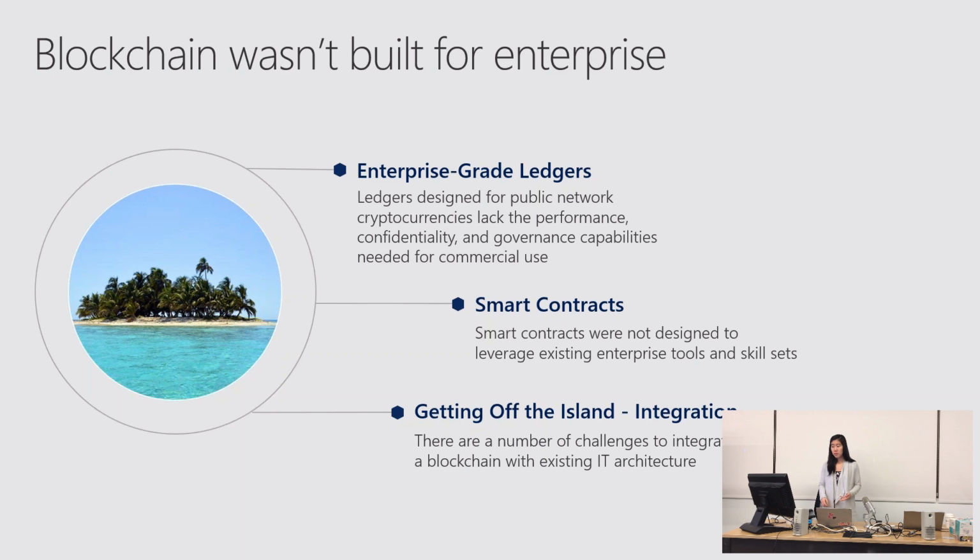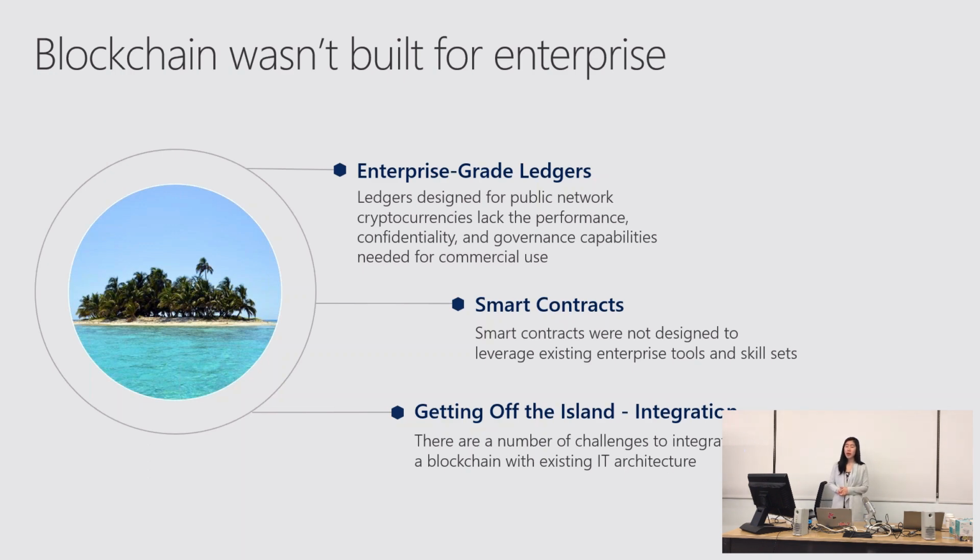And so when you think about enterprises wanting to move blockchain applications to production, it's just not super realistic because some of these core requirements are not there. Another one is around smart contracts. Smart contracts weren't designed to take advantage of a lot of the enterprise code bases.